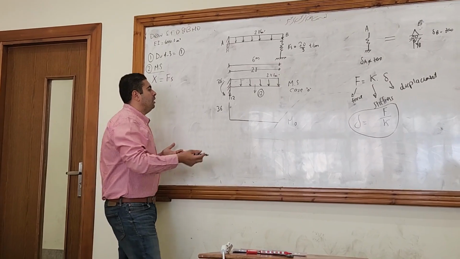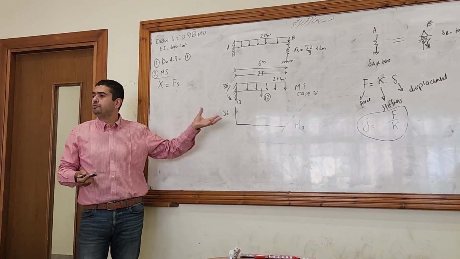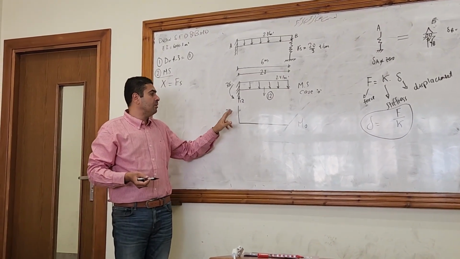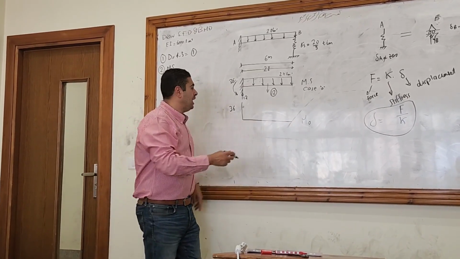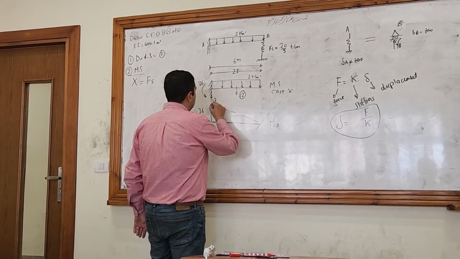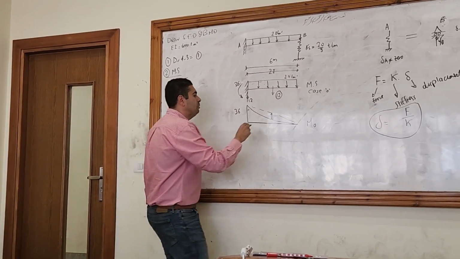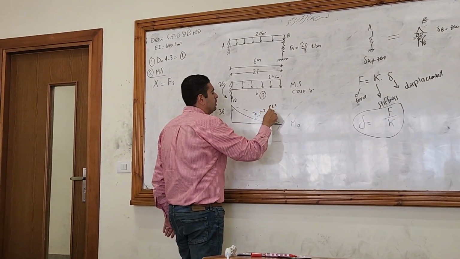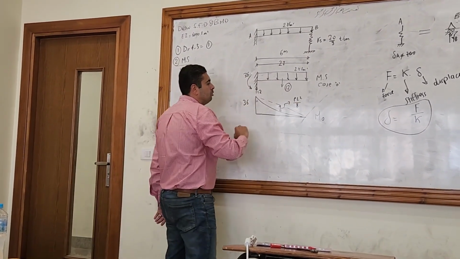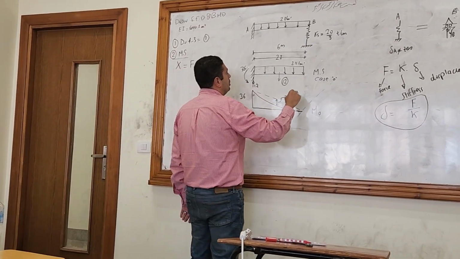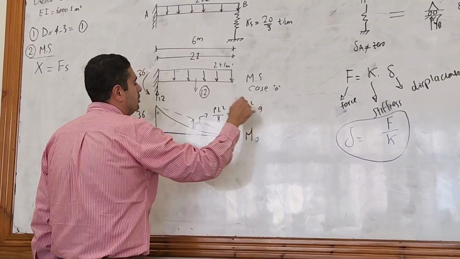So when drawing the second degree parabola on the uniform load, just calculate the moment at the beginning of the load, which is 36, and the moment at the end of the load, which is 0, and just join and draw the curve. And what will this equal to? PL squared over 8. And this will be the bending moment diagram. What's PL squared over 8? P is 2, L is 6, squared, divided by 8, which is 9.